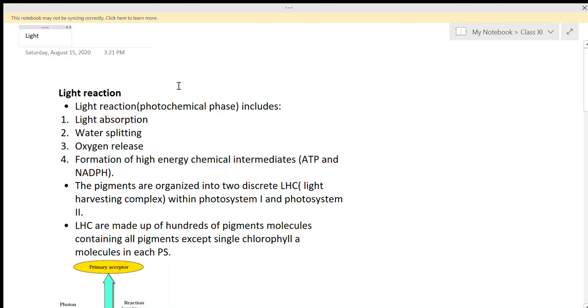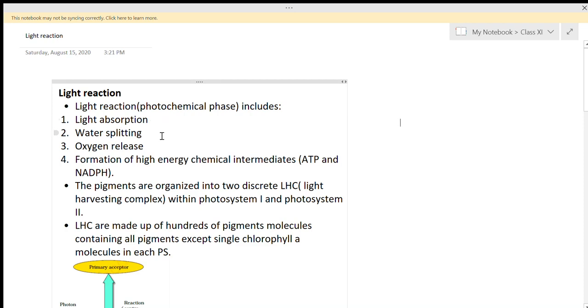Now the dark reaction takes place in the absence of sunlight, in which synthesis of food takes place. And in the light reaction, the first step is absorption of sunlight.